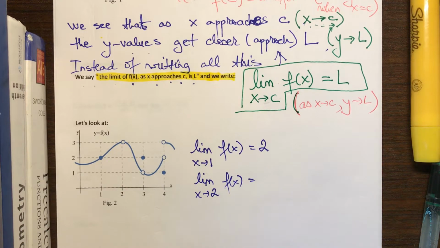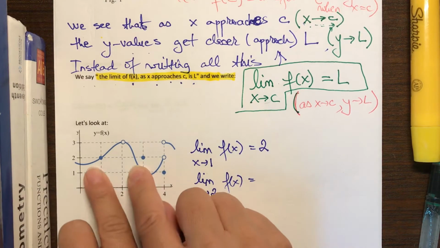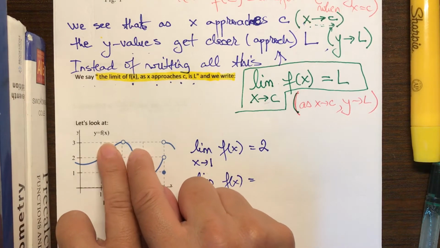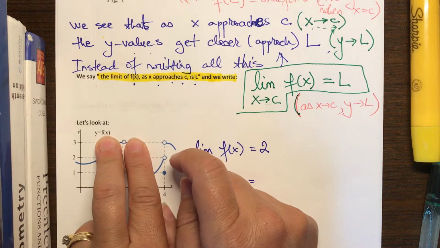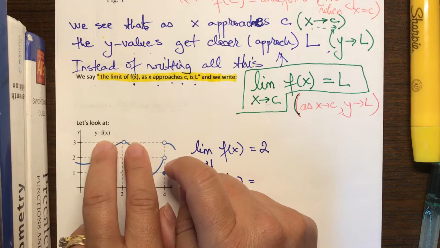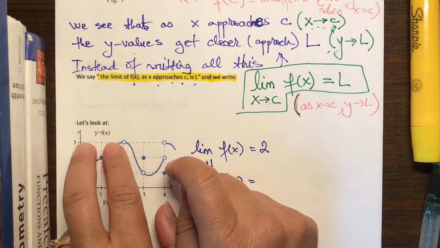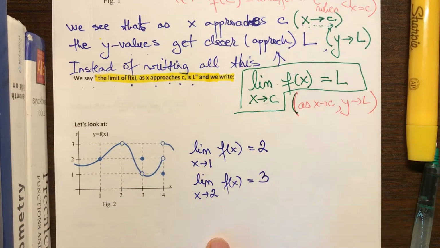All right, so what's the limit as x approaches 2? So again, there's x of 2. I'm looking on the graph, and I'm letting the graph merge closer and closer to the 2 value, yes? So what do the y values get closer and closer to? The y values push up and up both ways to a 3.